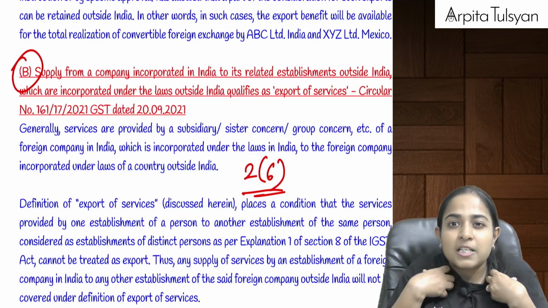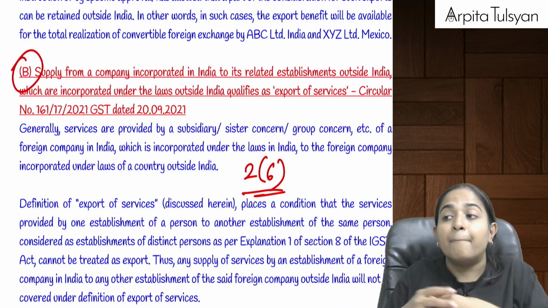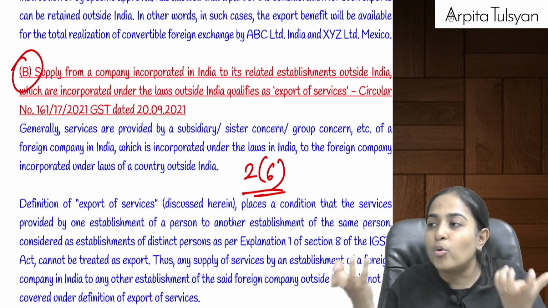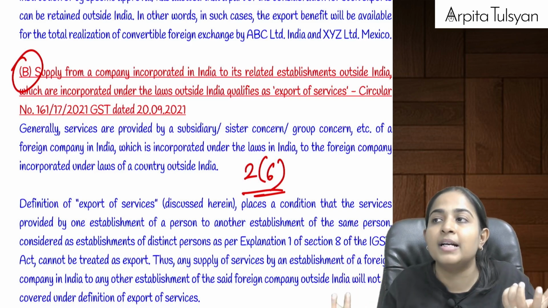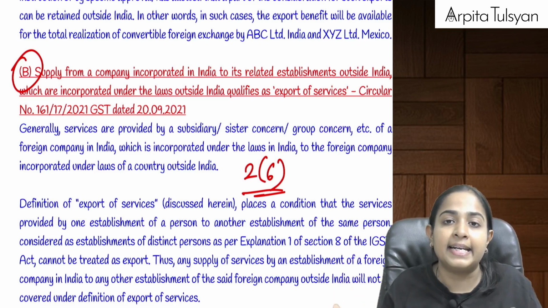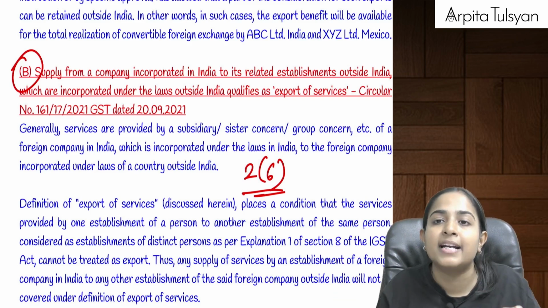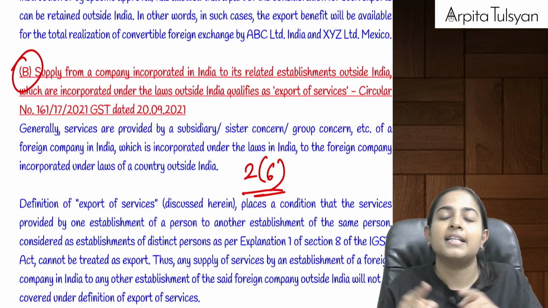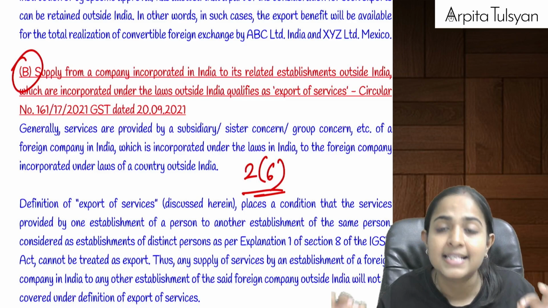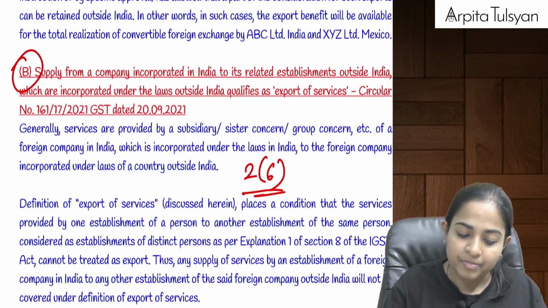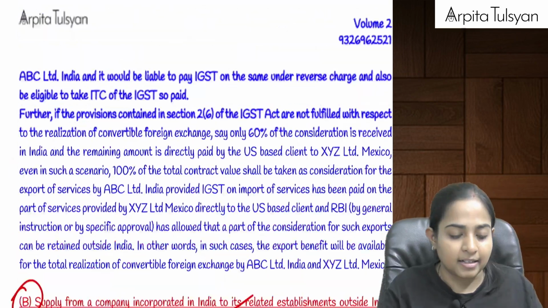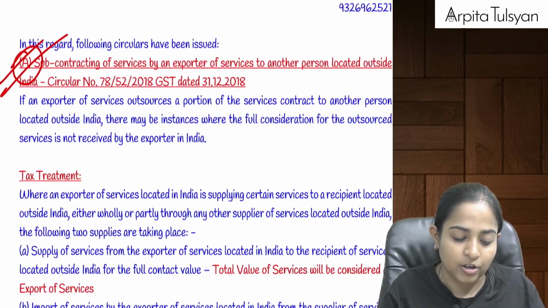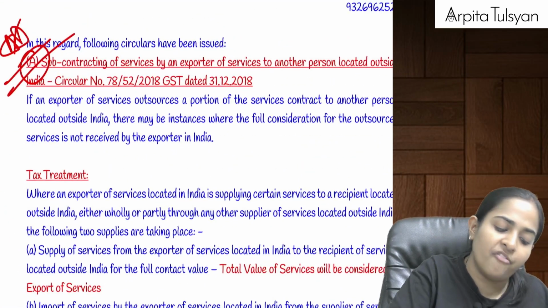Means it is India's part only, means we are same. But if these two are operating under two different laws, these two will be considered as separate entities, and only if these two are considered as separate entities, then any transaction between these two will be considered as export of service. Are you clear with this? That is given under this B clarification, B circular, and A circular is also a very nice circular.